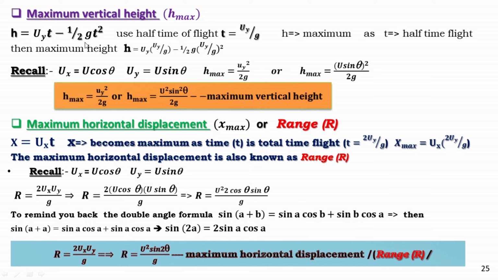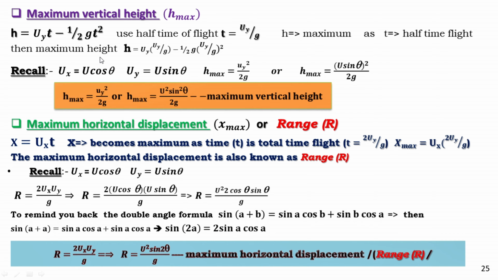But when we substitute the half-time of flight, Uy over g, instead of time t, we can determine the maximum vertical height. So h equals Uy into Uy over g minus half g into Uy over g the whole squared.